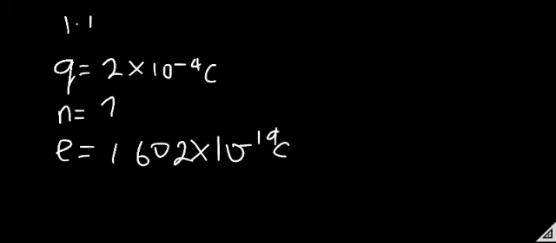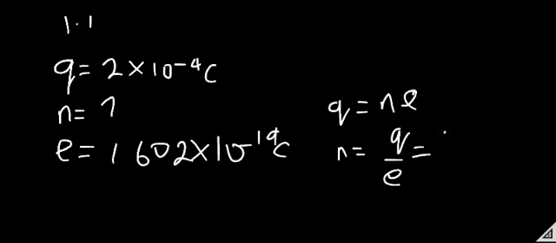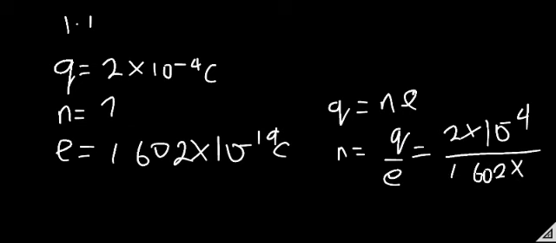So from our expression we know that Q is equal to NE, and we have Q, we have E, we make N the subject of formula. N becomes Q over E, right? And this becomes 2 times 10 raised to power minus 4 over E, which is 1.602 times 10 raised to power 19. Sorry.